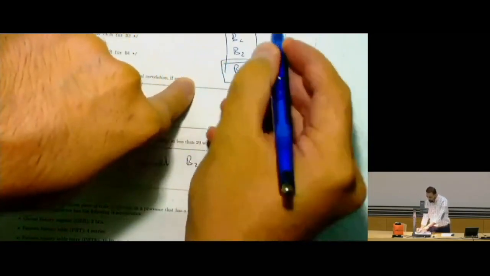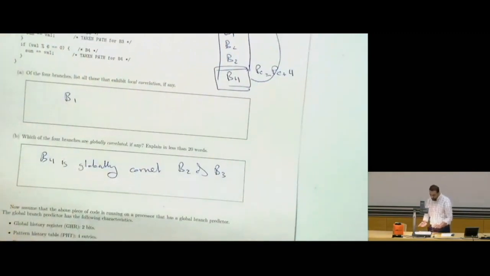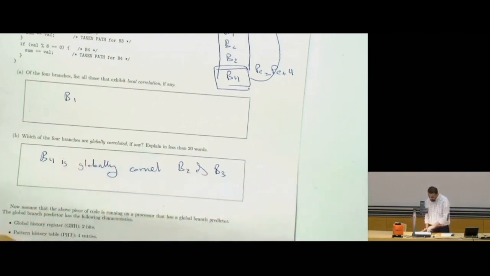This one could be placed before, right? So anyway, the thing here is that if branch 2 and 3 are taken, then for sure branch 4 should be taken, right? And the other way around, if B4 is taken, then B2 and B3 for sure should be taken, because any value that's a multiple of 6 is a multiple of 2 and 3 as well. So straightforward.